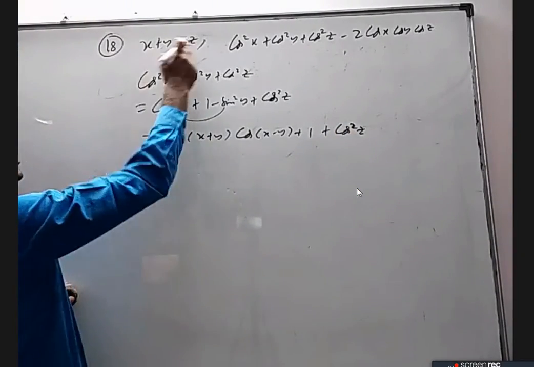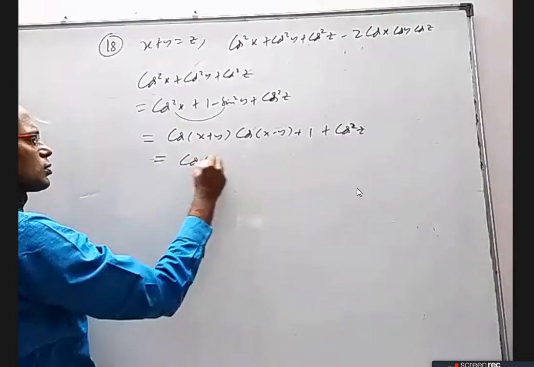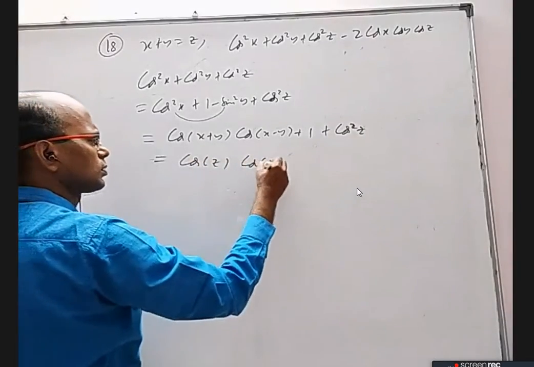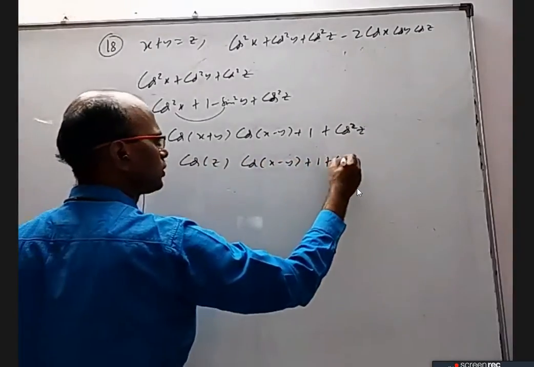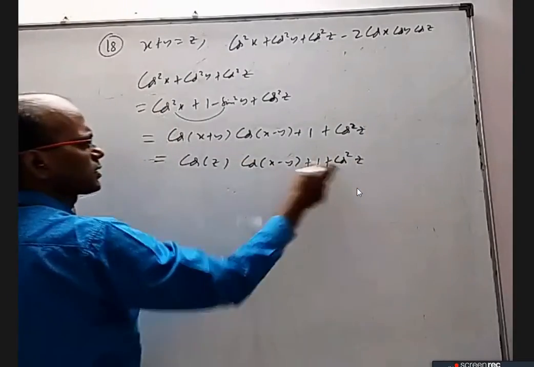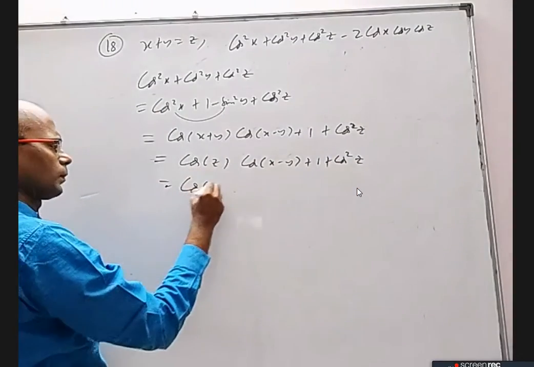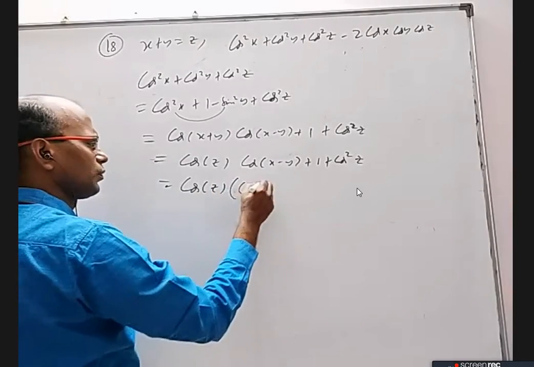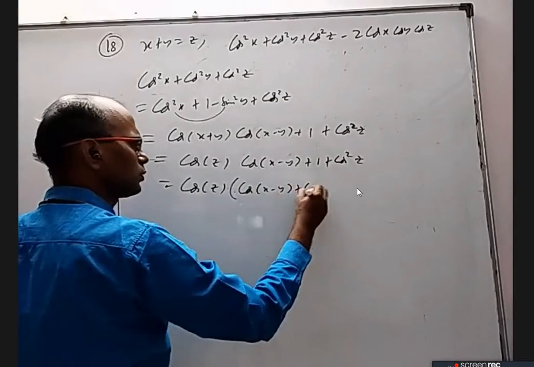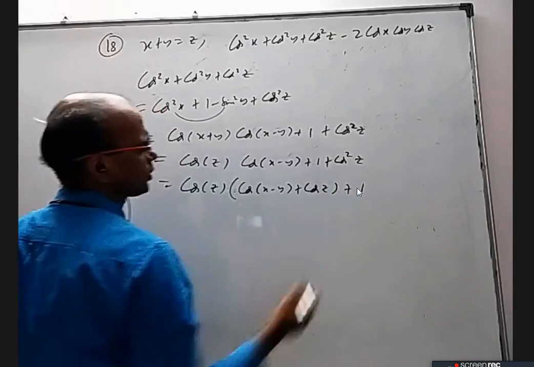But in the place of x plus y, I can write z. So cos z cos x minus y plus 1 plus cos square z. From this and this I can take cos z common. I will be left with cos x minus y here, cos z here plus 1.